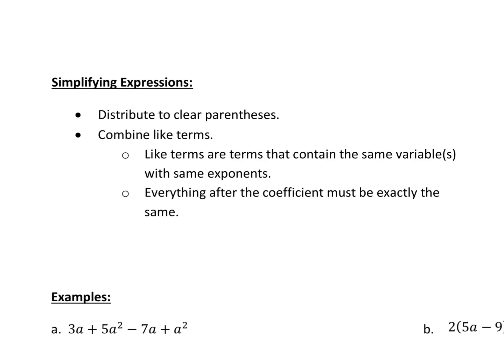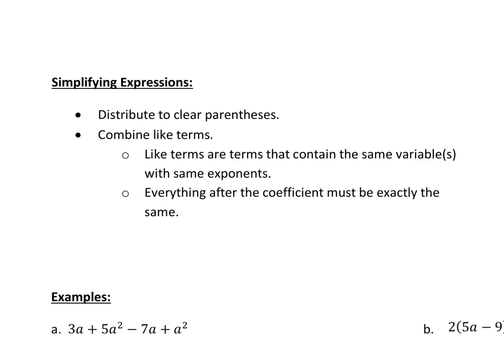And so our rules for simplifying expressions, the first thing that we want to do is distribute to clear the parentheses, and then we are going to combine like terms. Now, like terms are terms that have the same variables, and those variables have to have same exponents. Another way to think about it is everything after the coefficient, the number in the front, must be exactly the same.